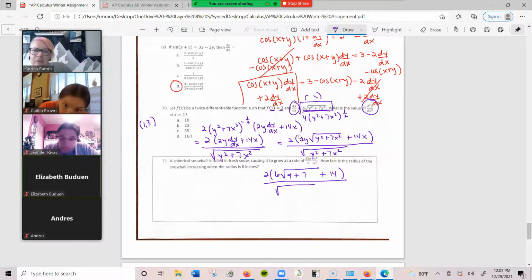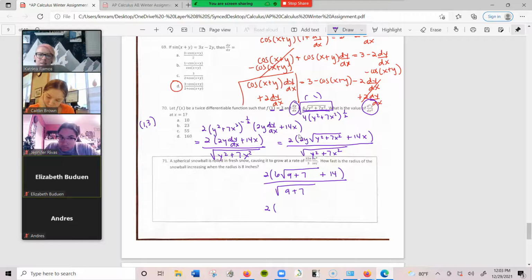And then this is the same thing as this one up here, so it'll be 9 plus 7. So I just took my x and my y and I plugged it in directly into what I got from my derivative. Is that okay?